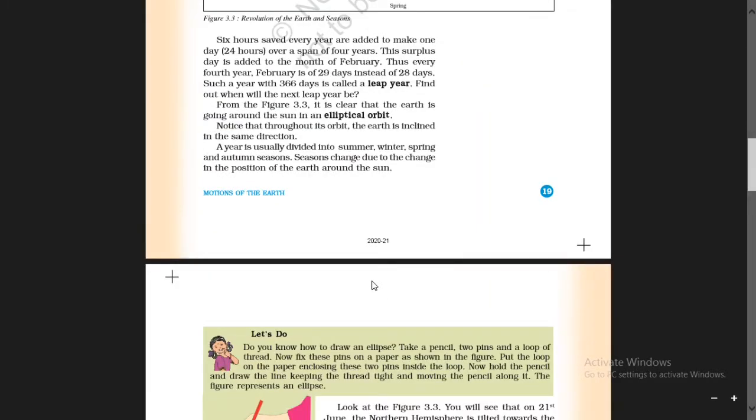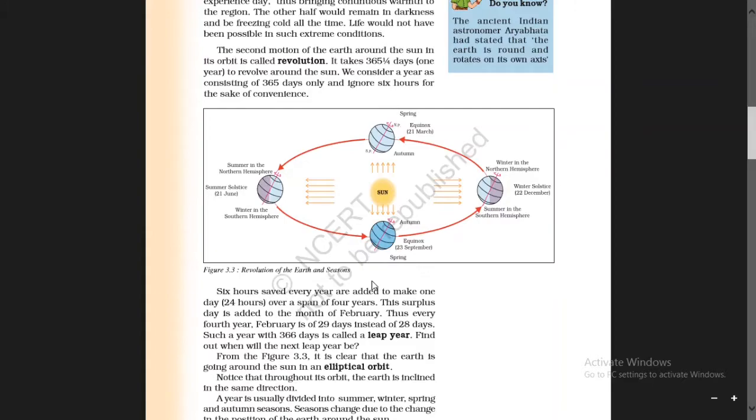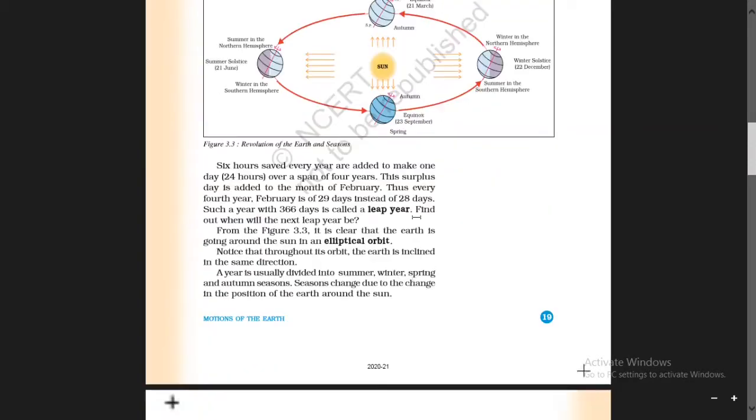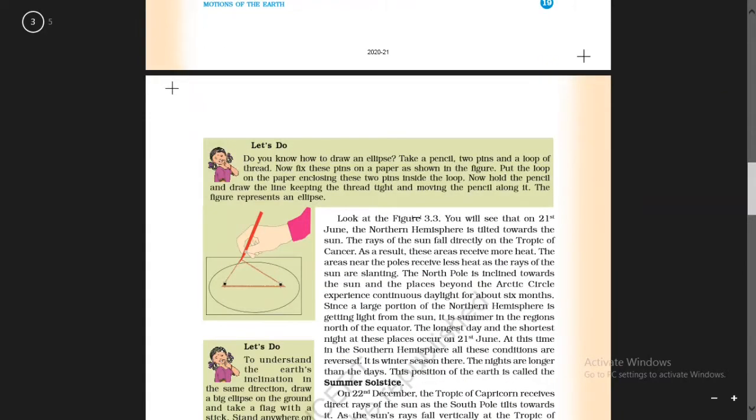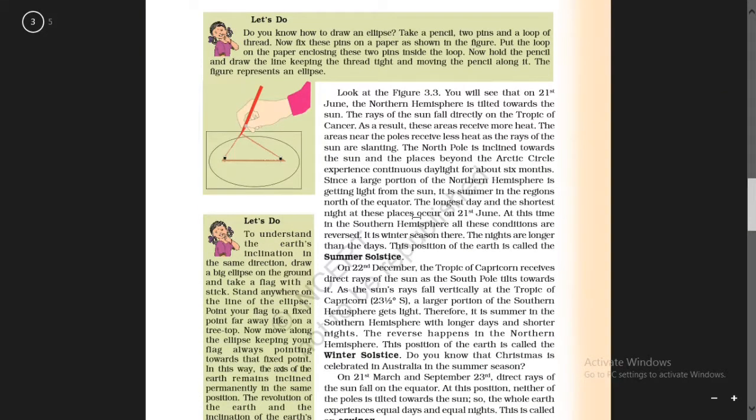In the picture you have seen summer season, winter season, spring season. You see the Earth, how it is revolving around the sun, and it is experiencing different seasons. So now let us continue the remaining part of the chapter.